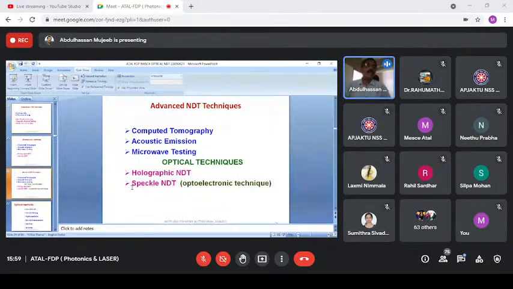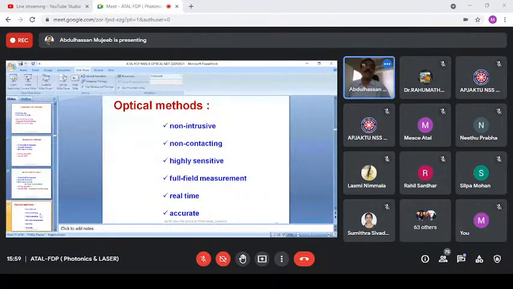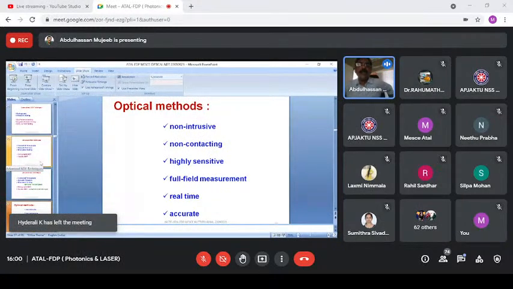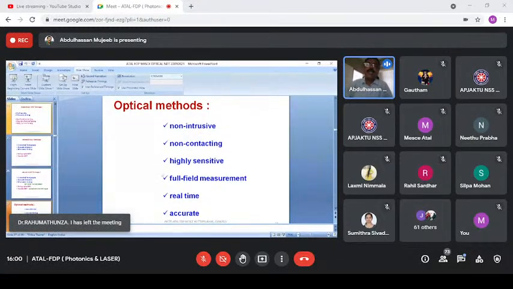Why are these optical techniques important? The optical techniques are important because they are non-intrusive, non-contacting, highly sensitive, full field measurement, real time and accurate. It is very important that they are highly sensitive. How sensitive is an optical experiment?